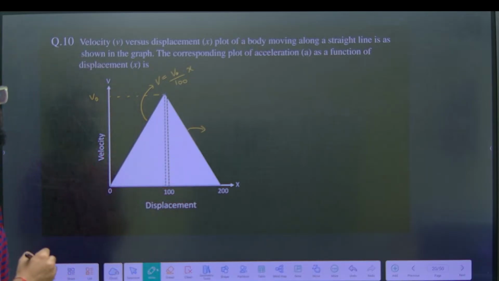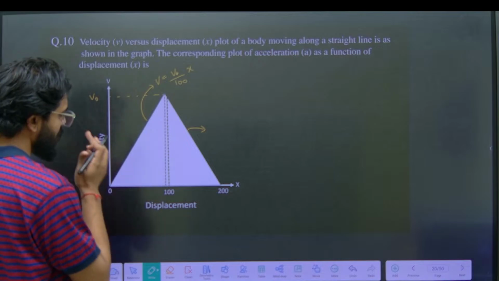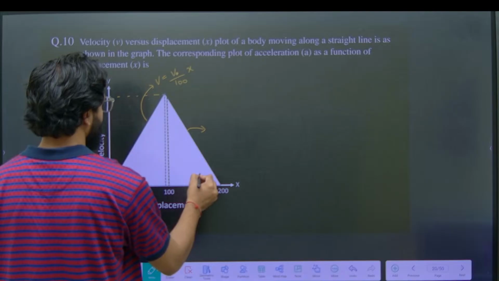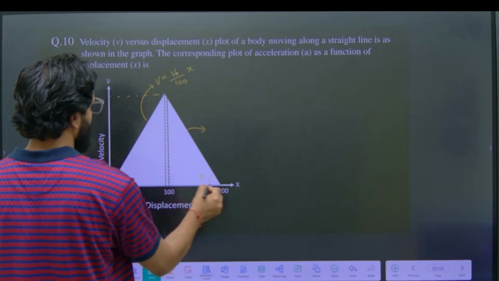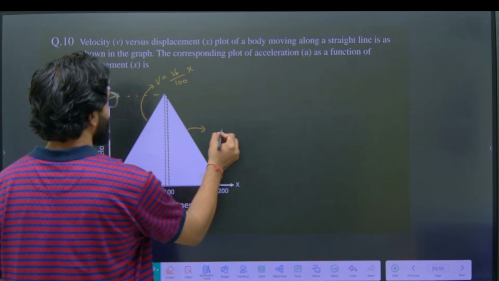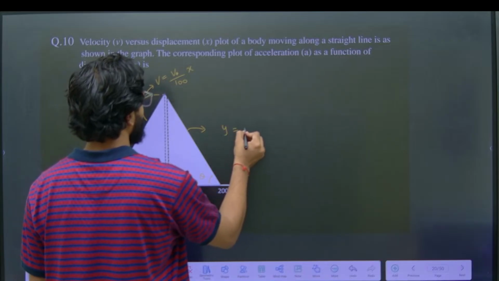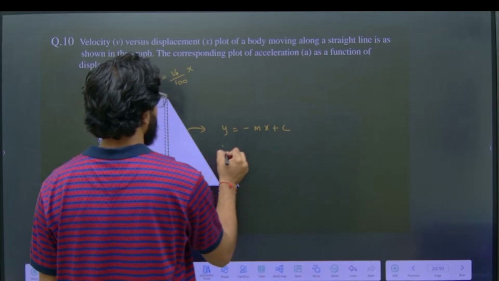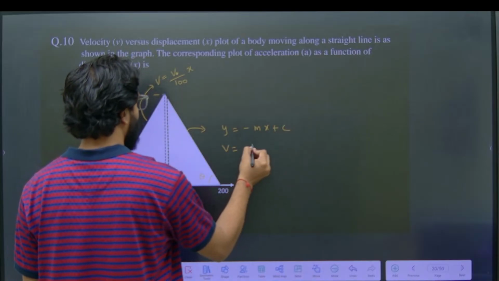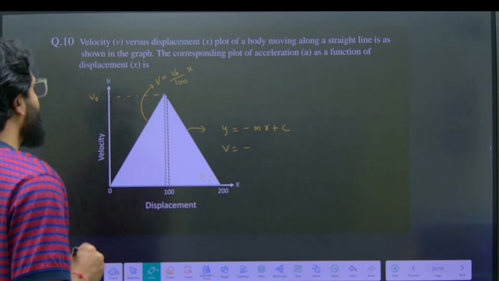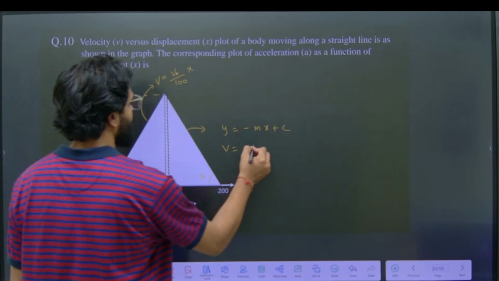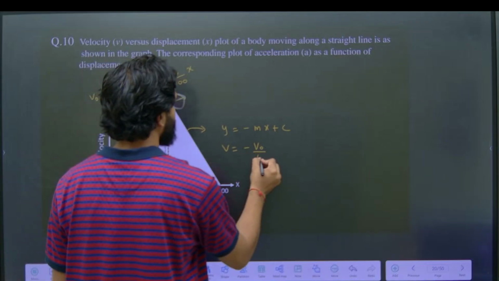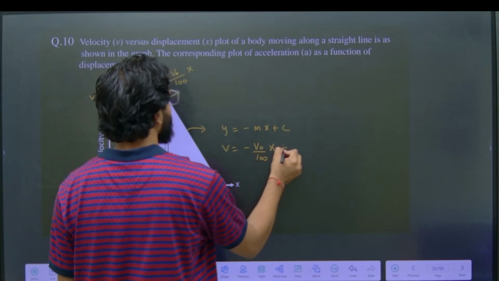Over here, what we can write about this particular equation, we can also see this is theta. So this is 100. This is V naught. So we can write y equals minus mx plus c. So v equals minus v naught by 100 into x plus c.